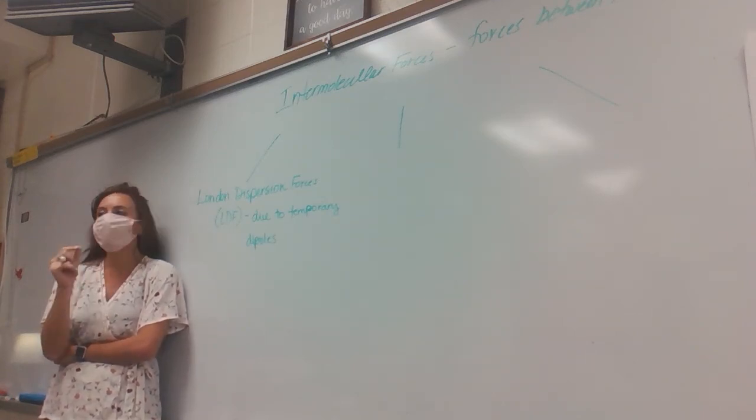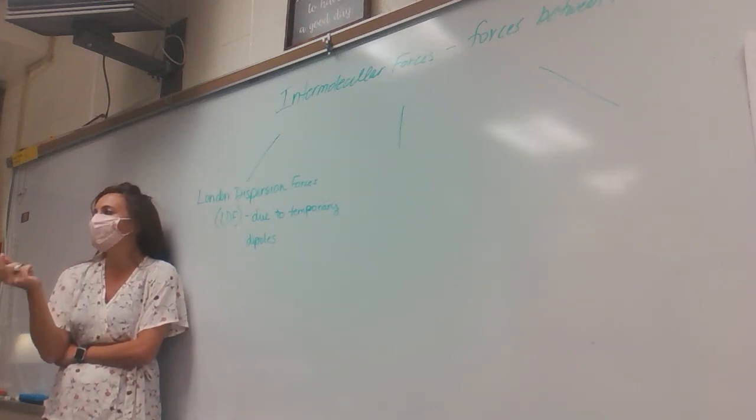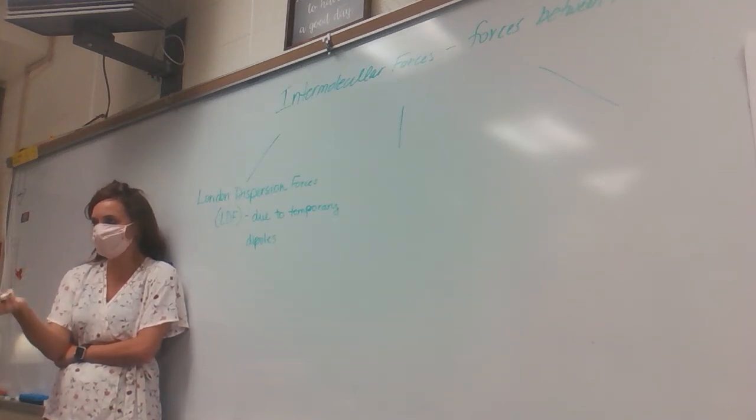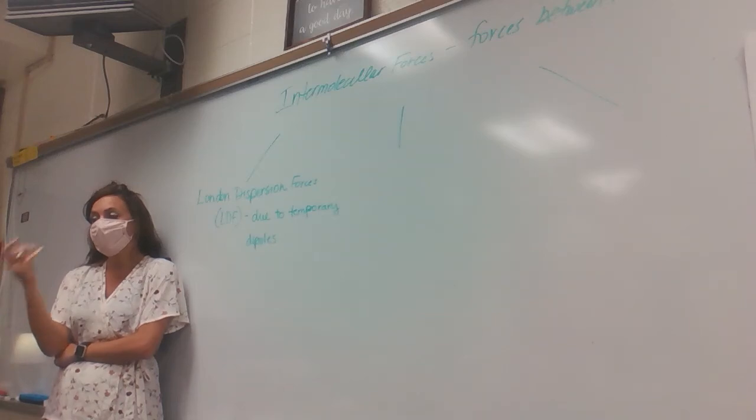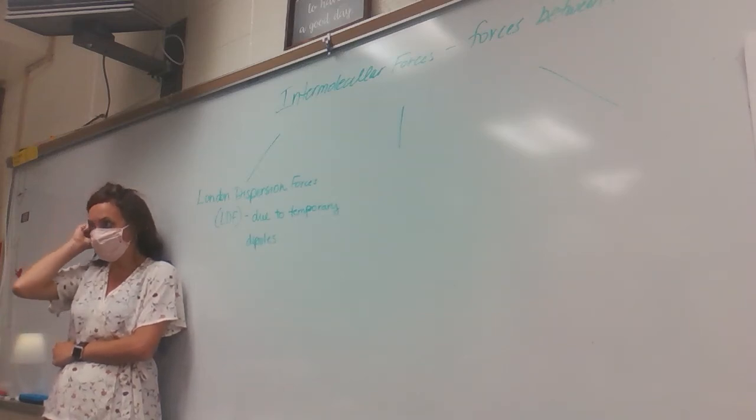So, temporary dipoles. If we talk about dipoles, we're talking about a polar molecule due to polar bonds. That's what a dipole is. Temporary dipoles are induced in non-polar molecules and polar molecules because electrons are in constant motion.